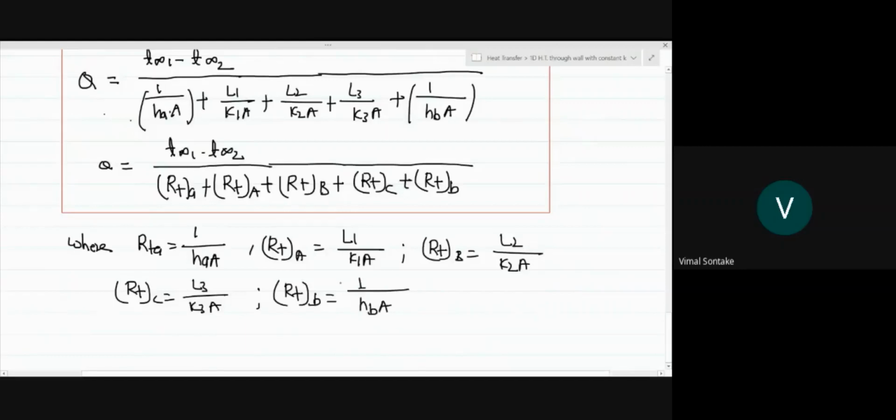So all these are the thermal resistances of individual materials and fluids.